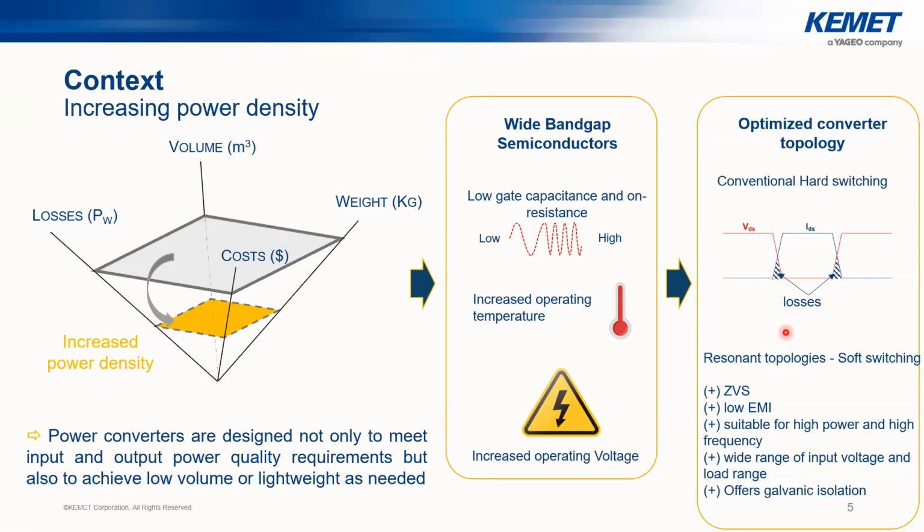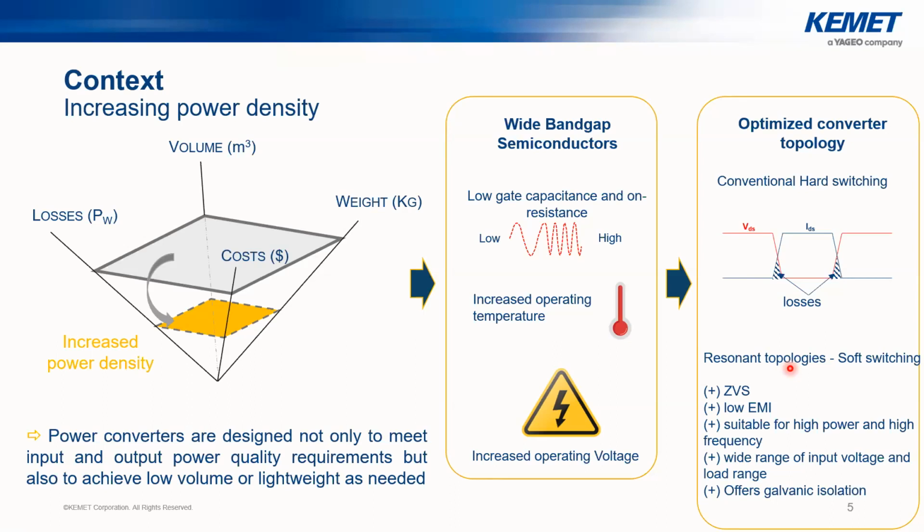Another advantage of the zero volt switching is that we will reduce drastically the EMI interferences that we can get due to the hard switching, and as a consequence limit the size of the EMC filter at the input or the output.